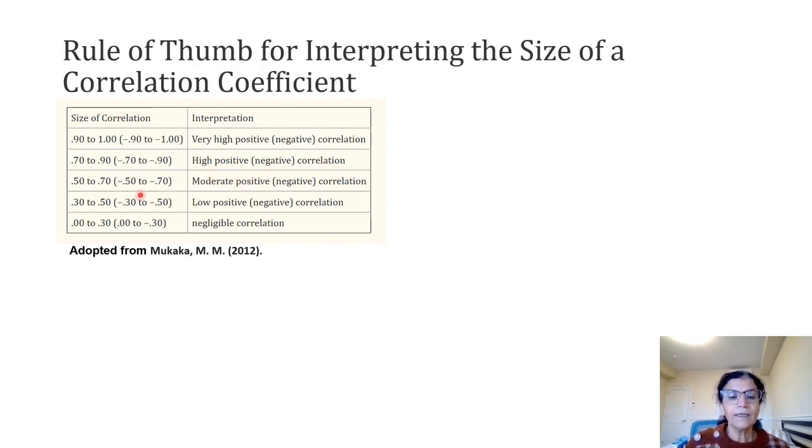The strength decreases for the next range, 0.7 to 0.9, high or strong positive. 0.5 to 0.7, moderate or somewhat strong correlation. Between 0.3 to 0.5, low positive correlation. Similarly, you can interpret for negative values. If it is less than 0.3, it is very weak or negligible correlation.